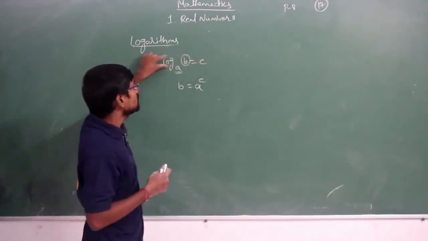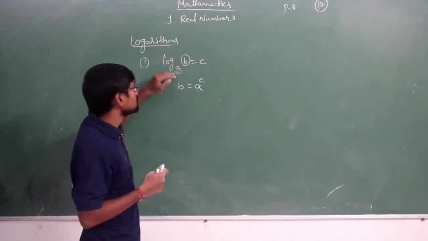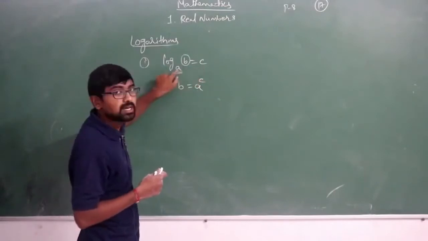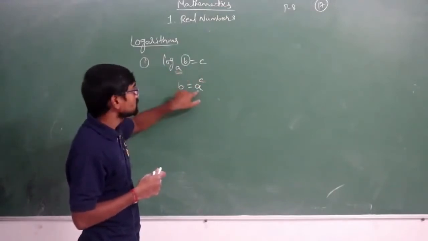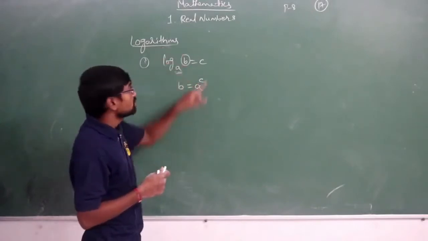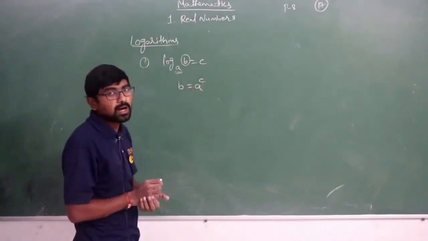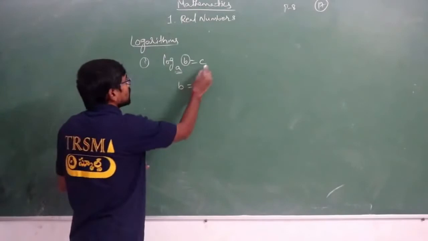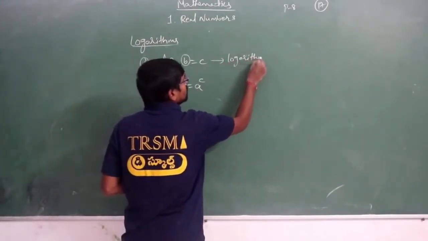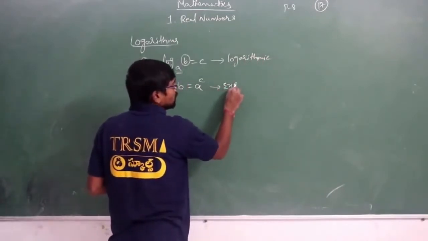Here a will be the suffix, that is it is called the base, and here c. The b value is here, and the value which is after the equals symbol will be in the power. So this is the logarithmic form and this is the exponential form.